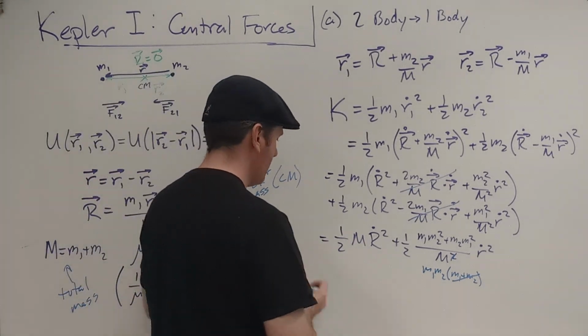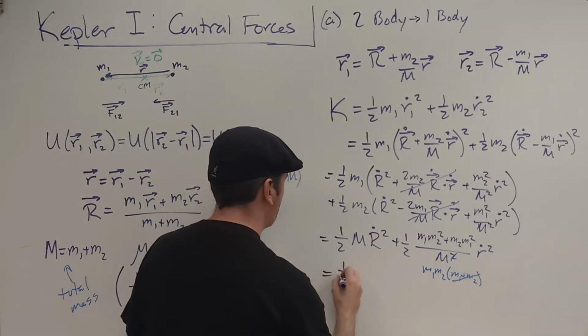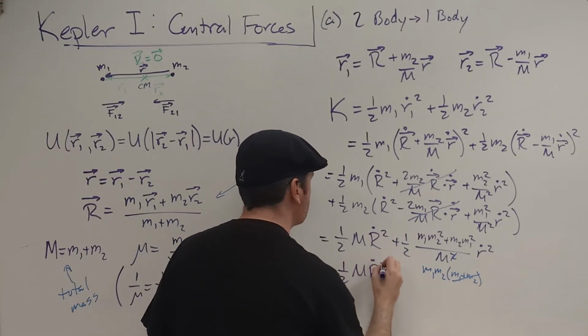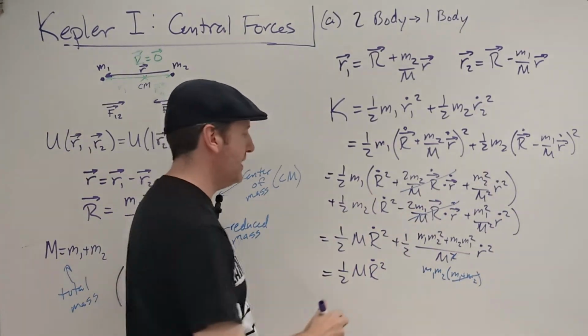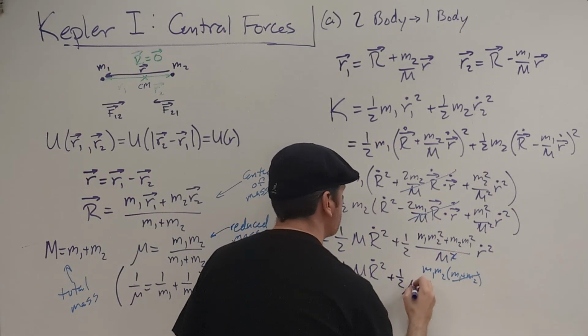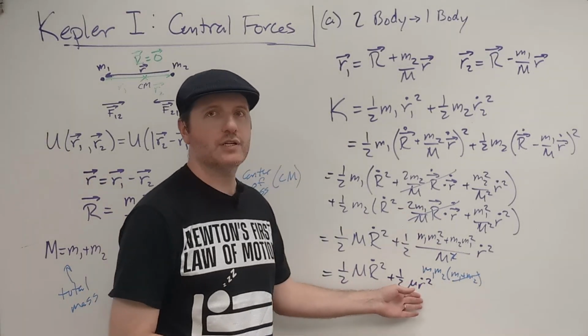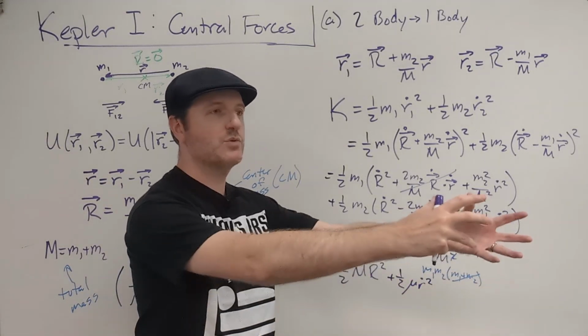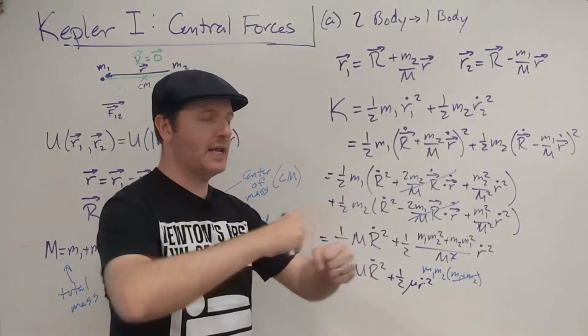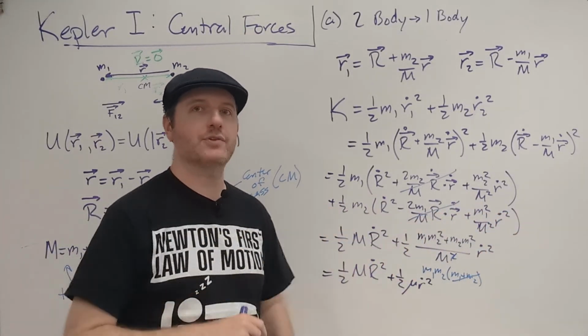So at the end of the day, the two terms are a center of mass kinetic energy plus a relative motion kinetic energy. So the kinetic energy of the center of mass moving through space, and then the kinetic energy of the relative motion about the center of mass.